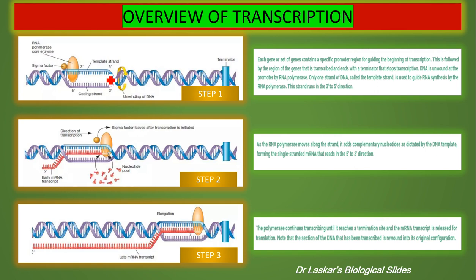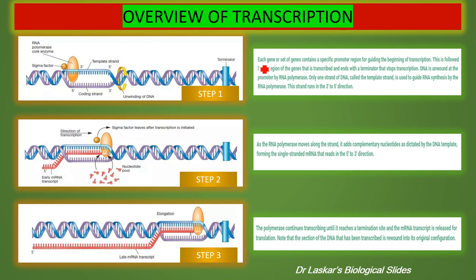The coding DNA strand has the same sequence of nitrogenous bases as the RNA transcribed, except that in RNA T is substituted by U. That means thymine is substituted by uracil.